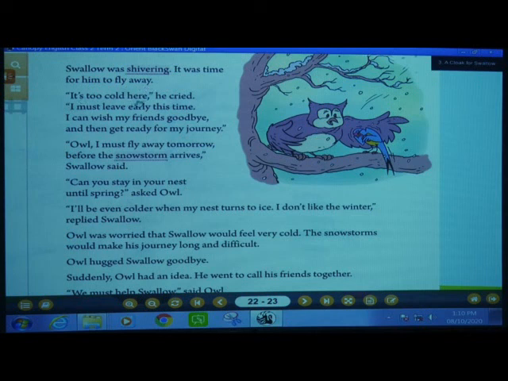It's too cold here, he cried. Repeat after me, children. I must leave early this time. I can wish my friends goodbye and then get ready for my journey.